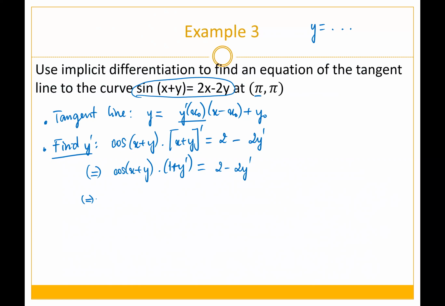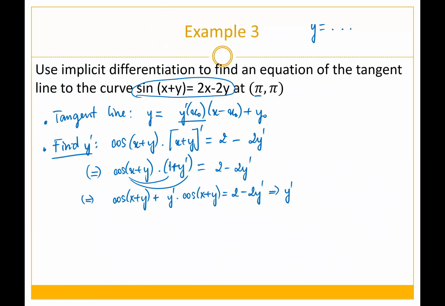Now we want to find y prime, so we have to take everything with y prime out. You're going to distribute here: cosine(x plus y) plus y prime times cosine(x plus y) equal to 2 minus 2y prime.